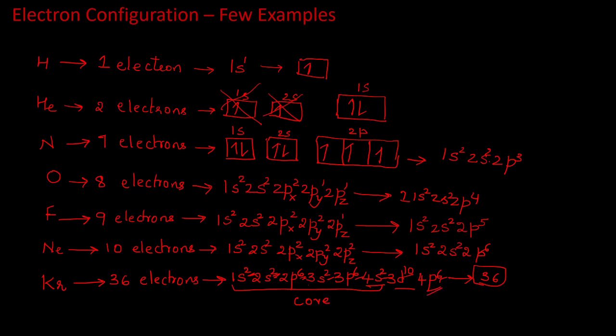These valence electrons are very important for us to know more about our elements. So these are some of the electron configuration examples of few elements. I would want you to pause the video at this point, randomly take a few elements and write their electron configuration, applying all the rules that you have just learned.